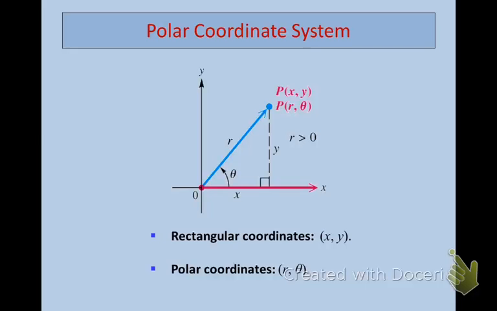The polar coordinate system is still representing the same point. If I pick a certain point, we've always learned to represent that with an X horizontal coordinate and a Y vertical coordinate.